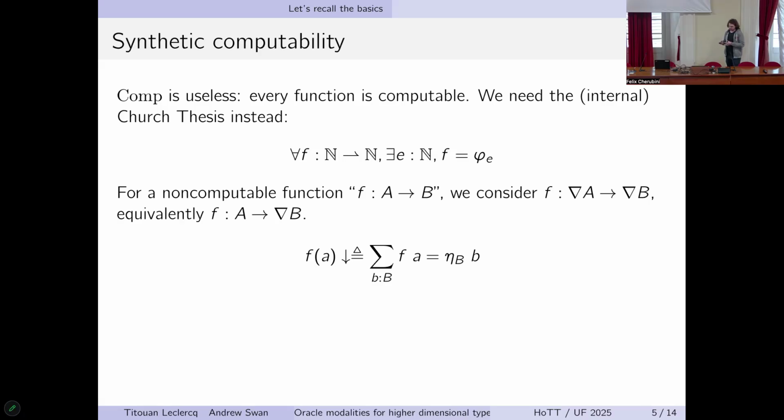The most important example of this is if we work in realizability in the effective topos, and synthetic computability is really a generalization of what happens if we work internally in the effective topos. Here we have a variant where we are not just in the effective topos, but in a model of homotopy type theory, but the idea is the same.